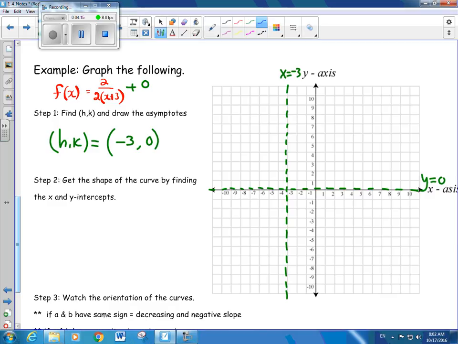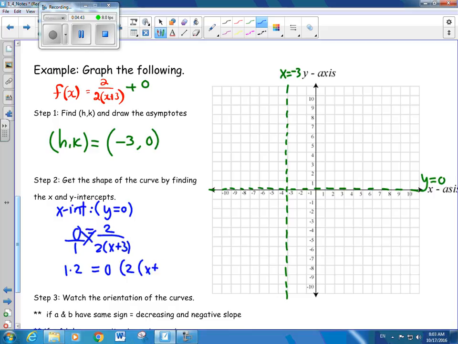If I find the x-intercept, it's when y is equal to 0. So I'm going to plug in a 0 in my formula. How do we solve this? If you're not sure, put it over 1, and then remember 1 times 2 is equal to 0 times 2x plus 3.